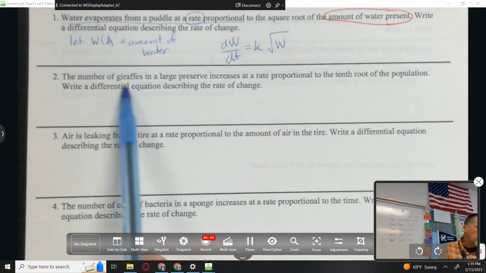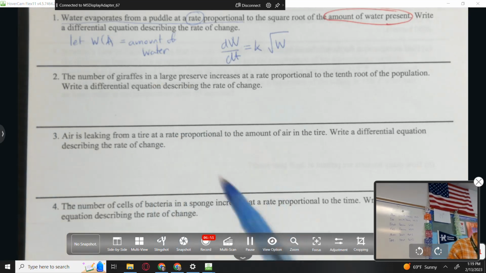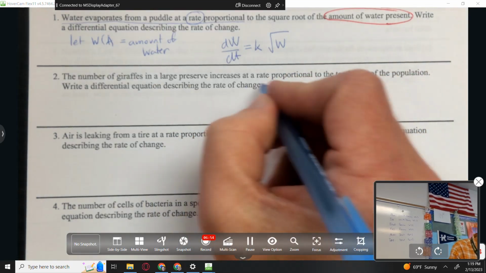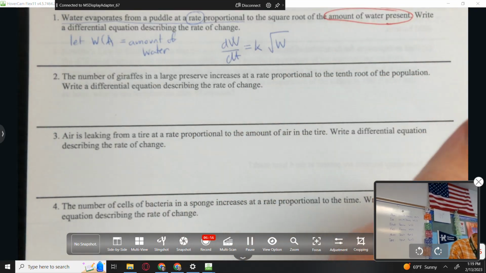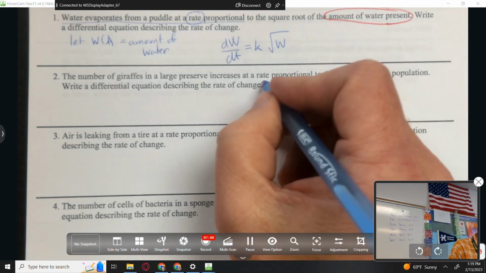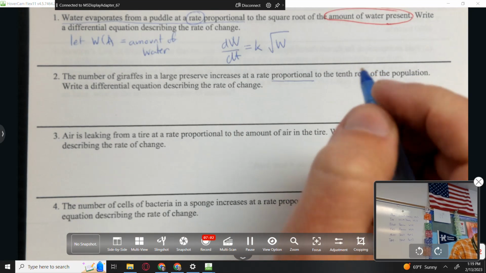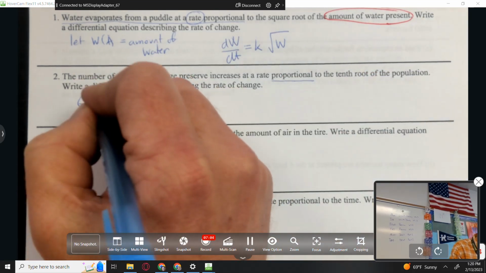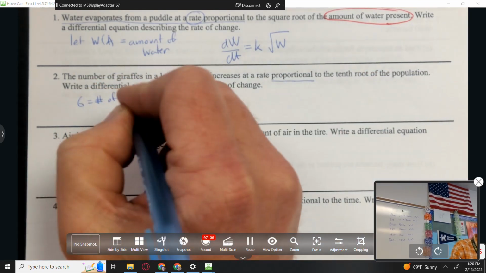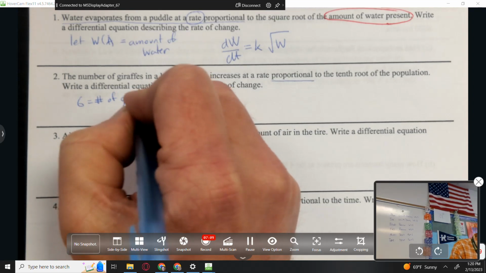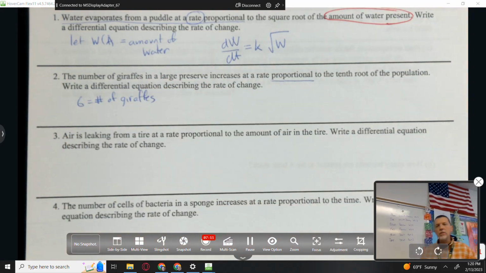Number 2, the number of giraffes in a large preserve increases at a rate proportional to the 10th root of the population. G for the number of giraffes, so G of t. I like defining our variables, because otherwise it's hard to get started.